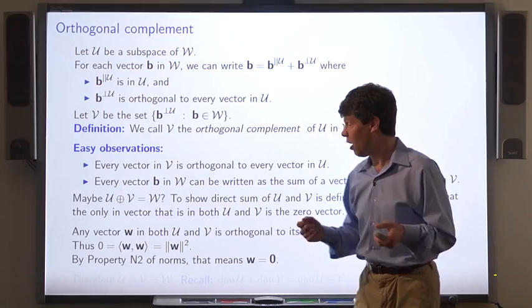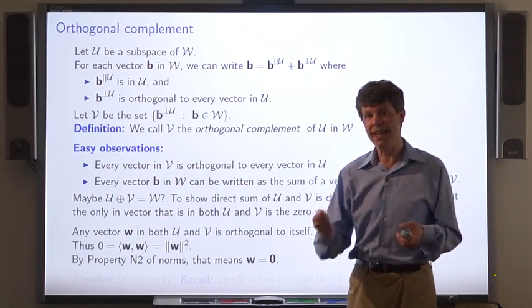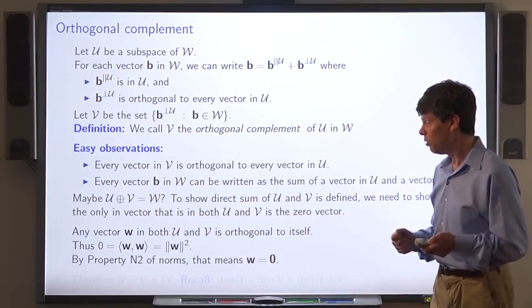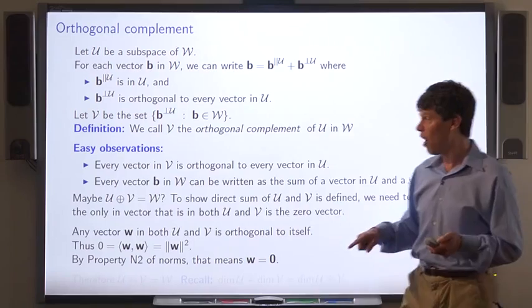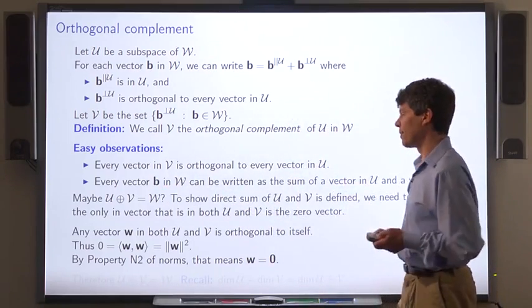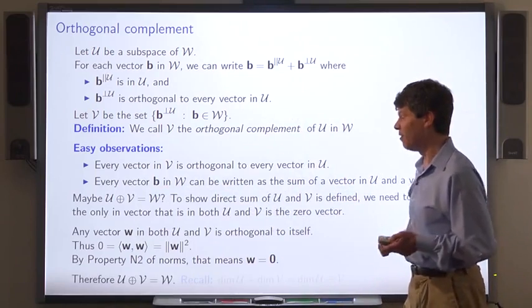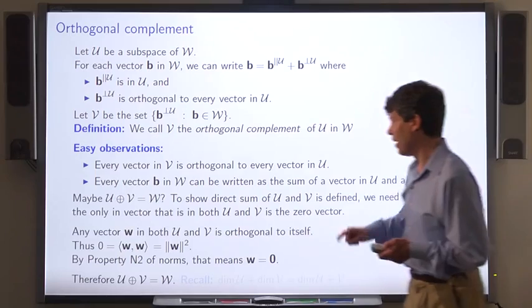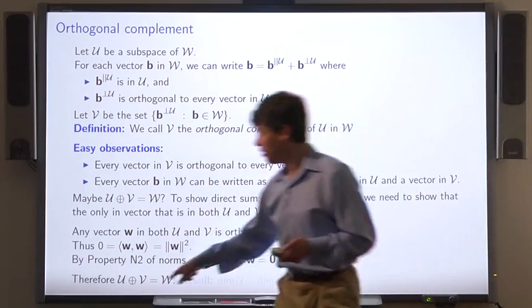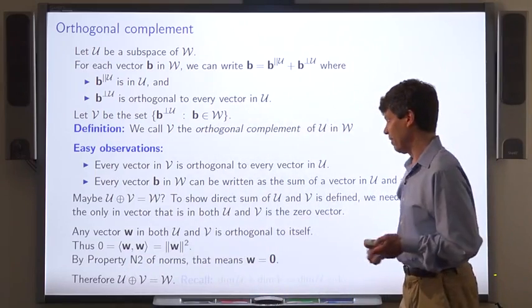By a property of norms, if a vector has norm 0, it must be the 0 vector. So that shows that the only vector common to U and V is the 0 vector. And so direct sum is in fact defined. And because of this property, big W is the direct sum of big U and big V.